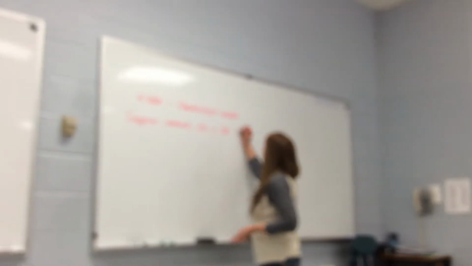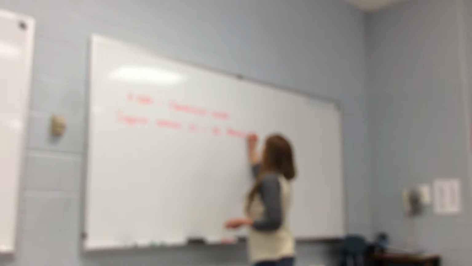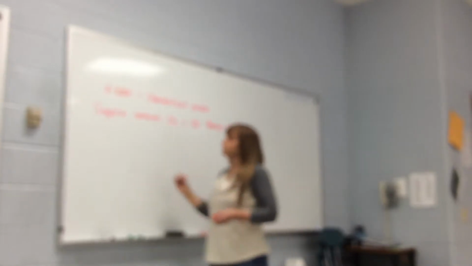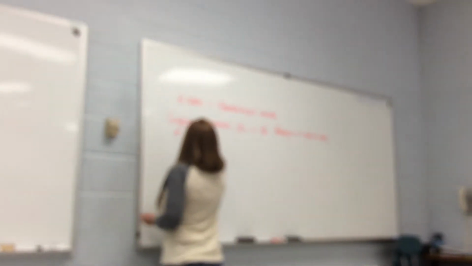All right, so suppose someone's IQ score is 120. Well, the average or mean score of an IQ is 100.